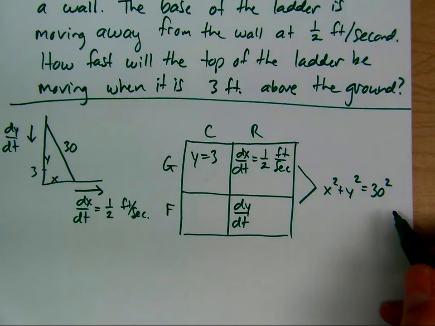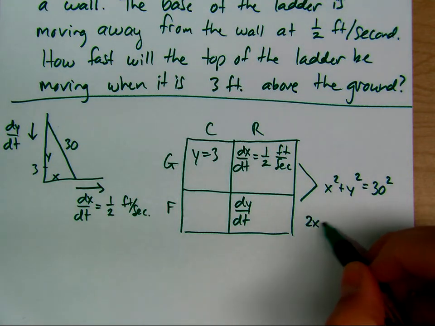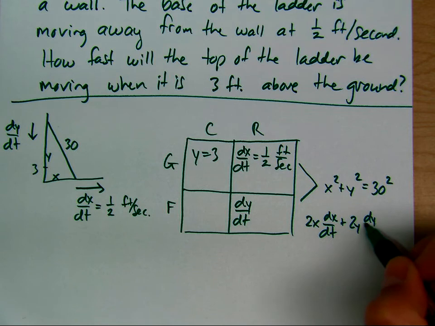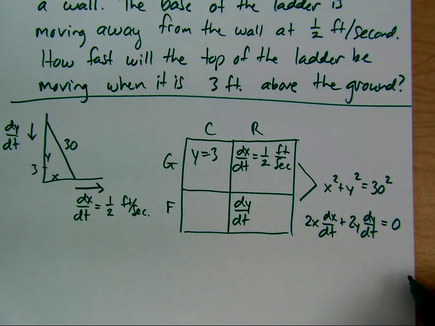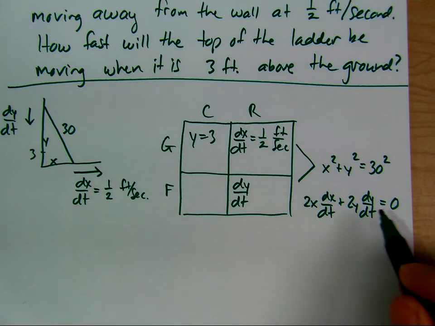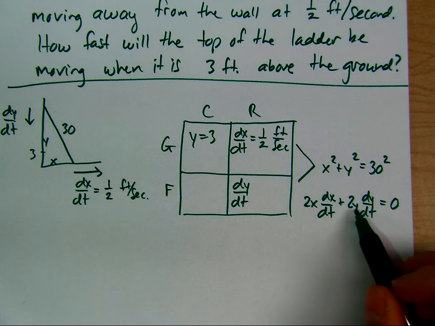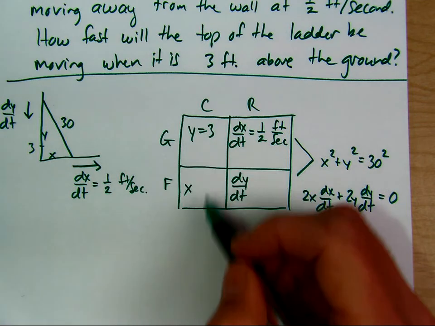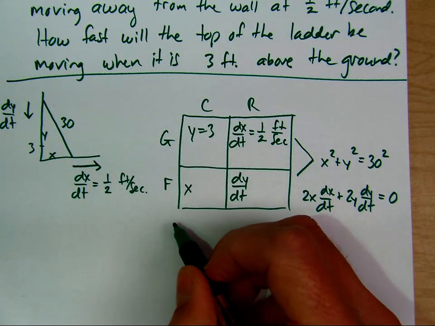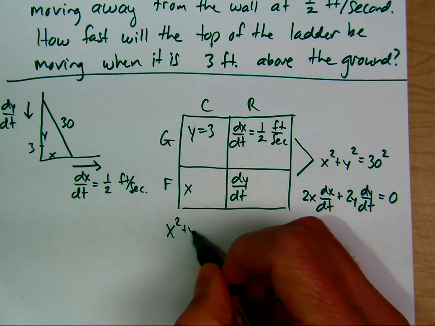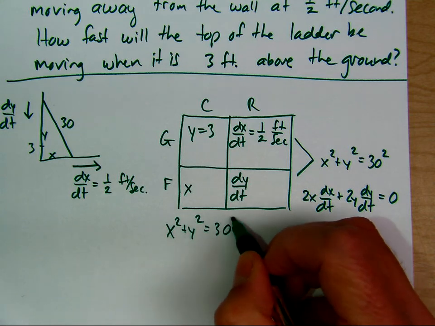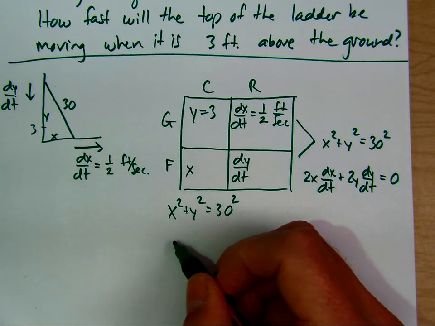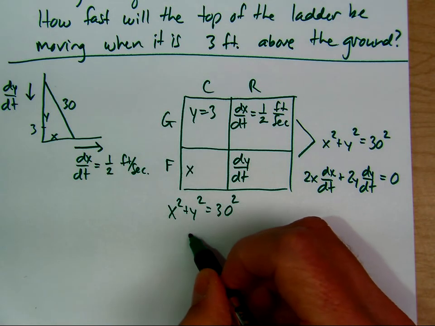So we'll find the derivative: 2x dx/dt plus 2y dy/dt equals 0. Solve for dy/dt. We know y, but we need to find x. So we have to find x when y equals 3. That's going to be x squared plus y squared equals 30 squared, and y is 3.